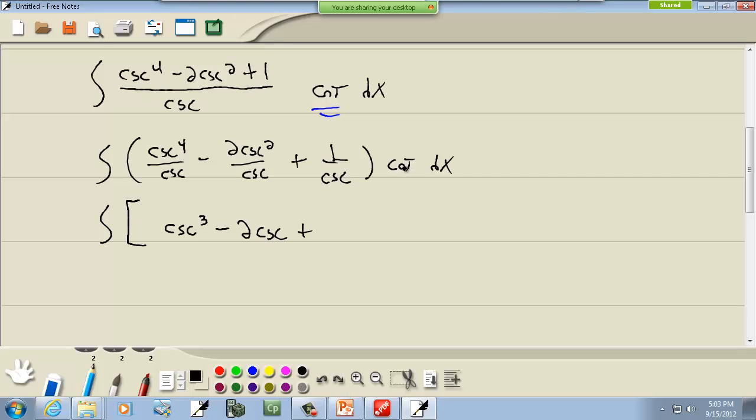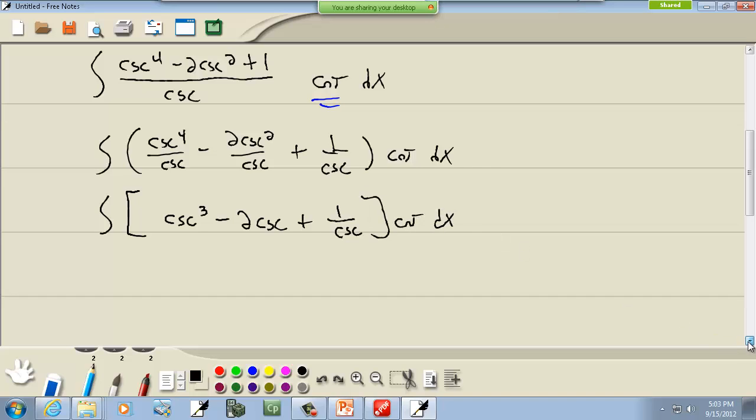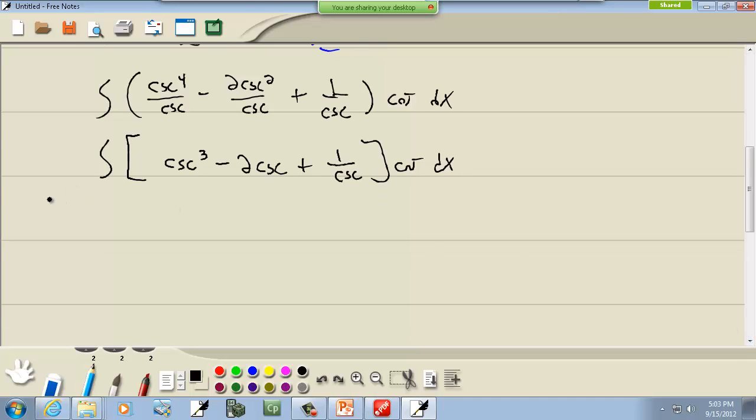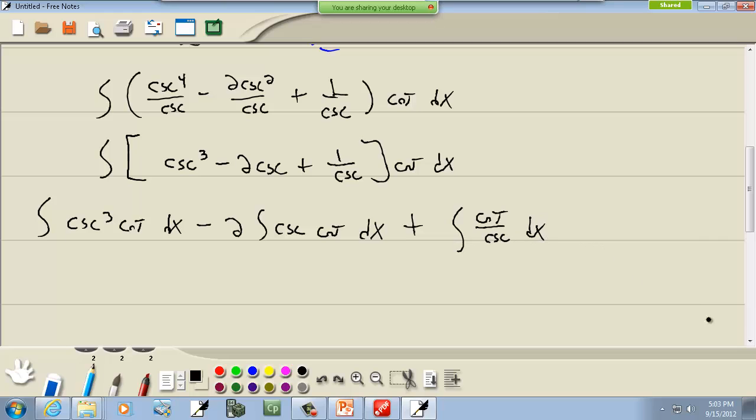I don't think that would help me though, because I need another cosecant out of that. Let's leave it in that form. Well, let's split these up. So I have cosecant to the 3rd and cotangent dx minus, I'll put 2 out in front, cosecant cotangent dx plus cotangent over cosecant dx.